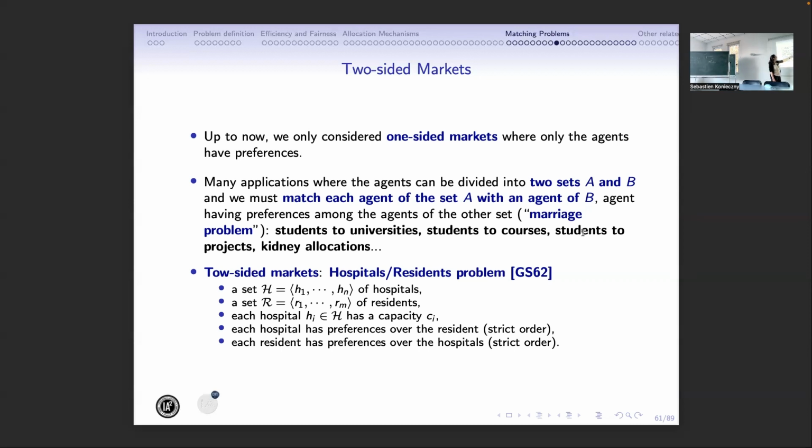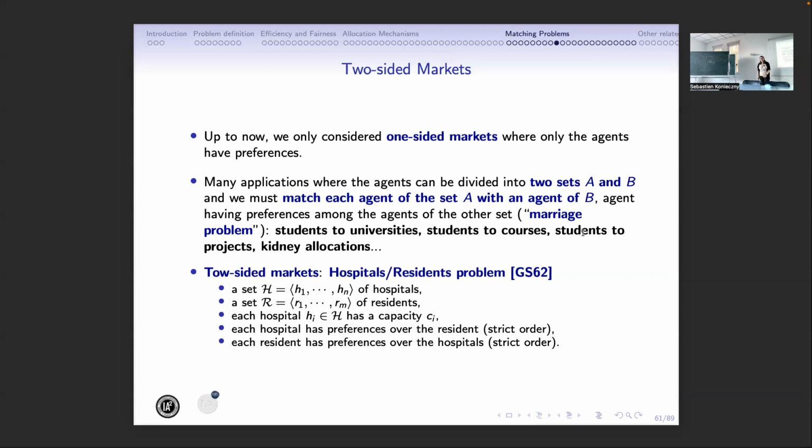You may also have two-sided preferences in student-to-project assignment, when a professor submits projects to students. The professor may have preferences over the students because of the knowledge they have already gained in courses. And it is also a problem in the kidney allocation problem.